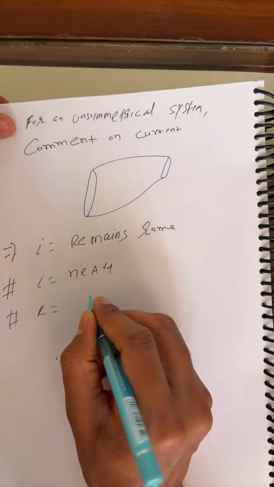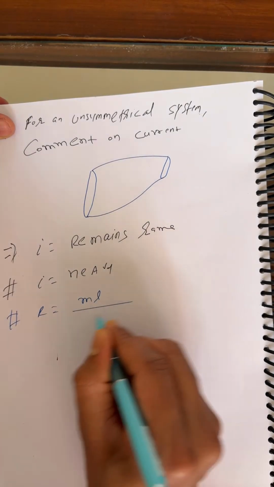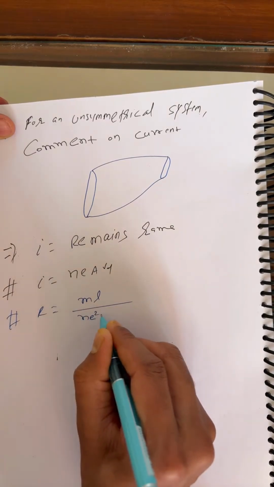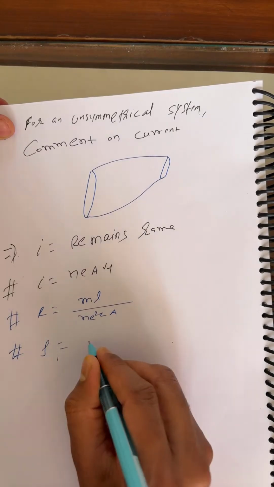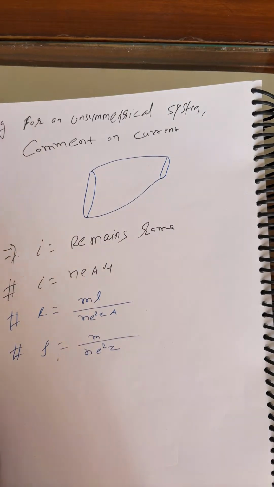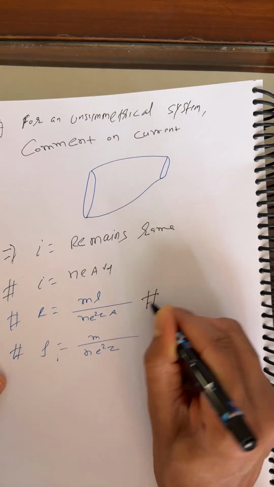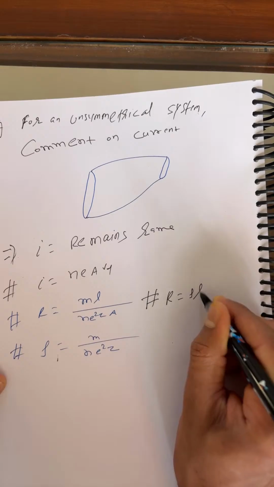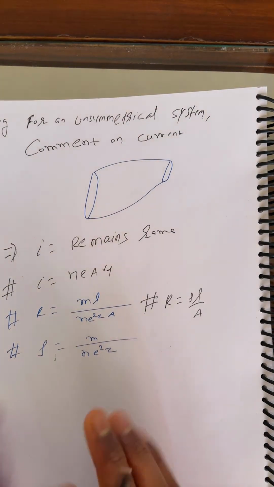R is equal to m L upon n e square tau into A. Then the resistivity rho is m upon n e square tau. There is one more relation: R is equal to rho L by A. So these are the basic formulas, keep them in mind.